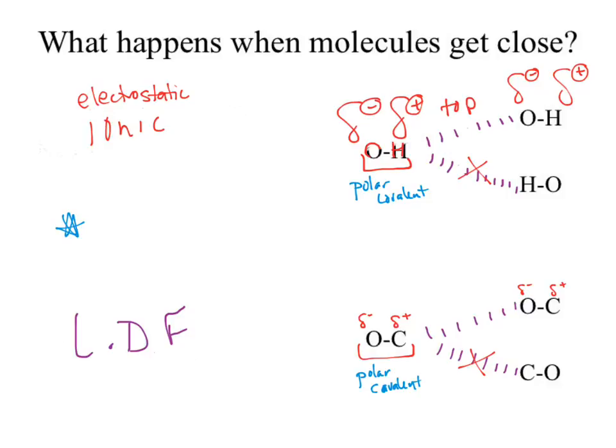Dipole. Di for two. So that first molecule, instead of calling it polar covalent, I can call it dipole, because that's what it is. It's got two poles. What does the other molecule have? Two poles, so let's call it dipole. What is the attraction between two molecules that are dipoles?